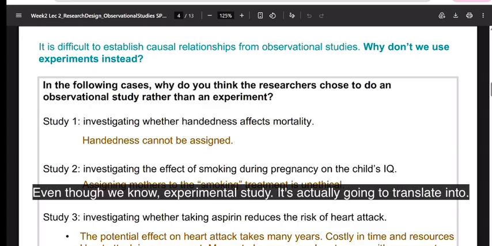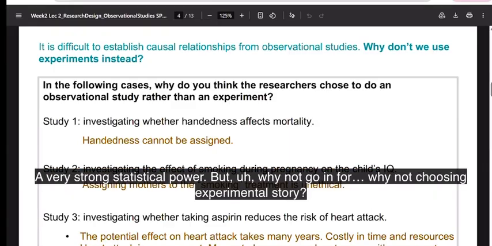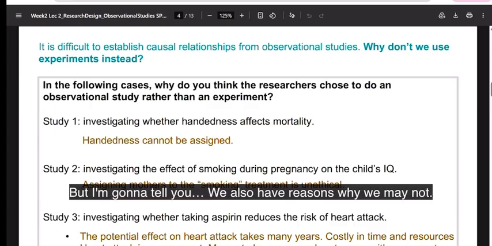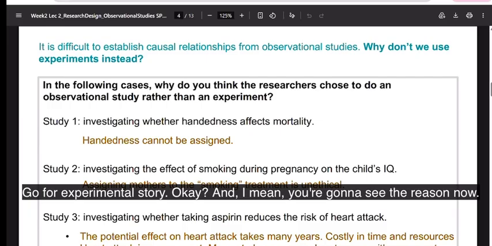Even though we know experimental study is going to translate into very strong statistical power, why not choose experimental study? We also have reasons why we may not go for experimental study. You're going to see the reason now.